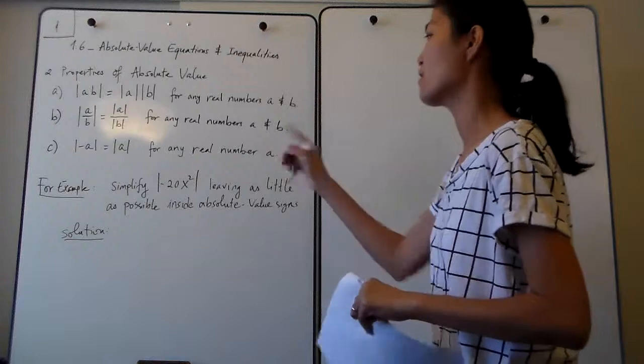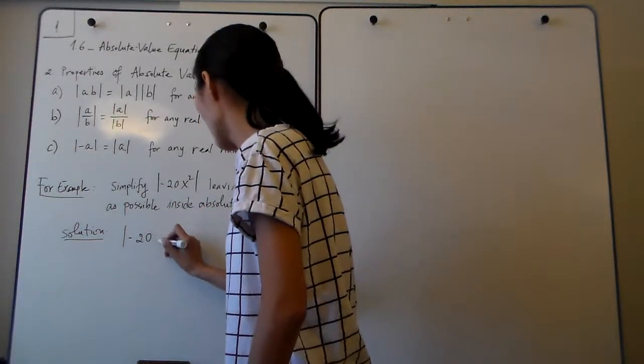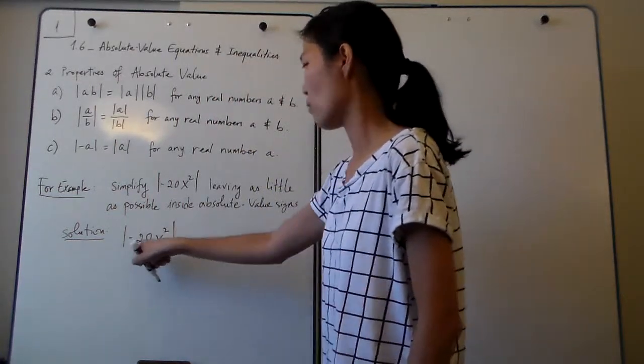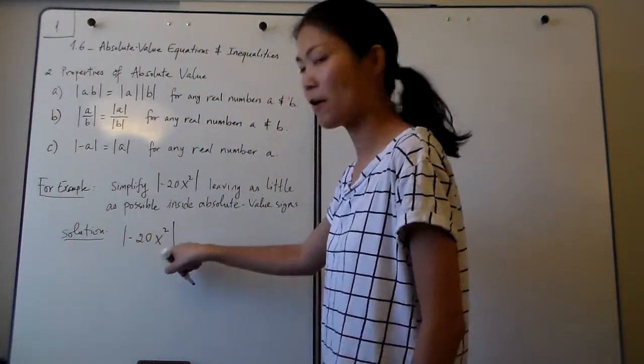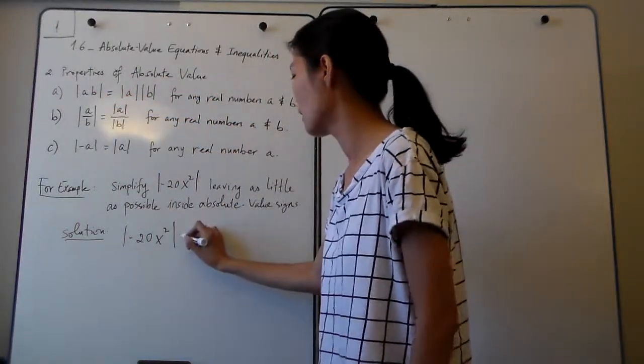So we need to simplify this absolute value. Now, because this is multiplication between a constant and a variable, we'll use this first property right here.